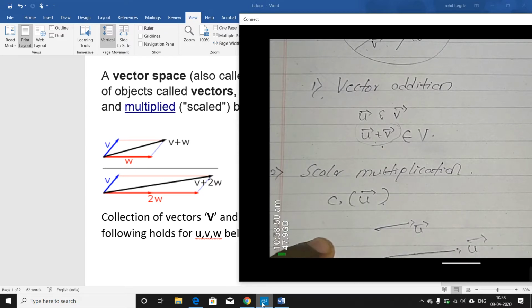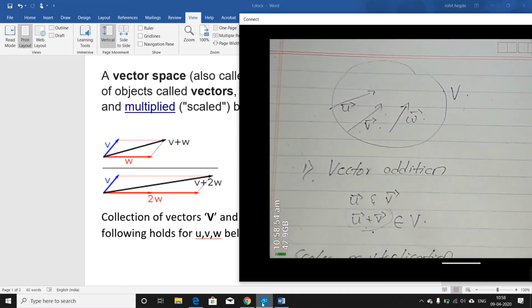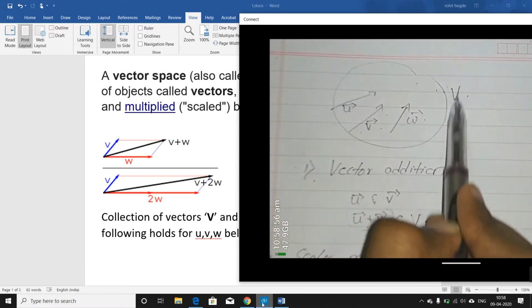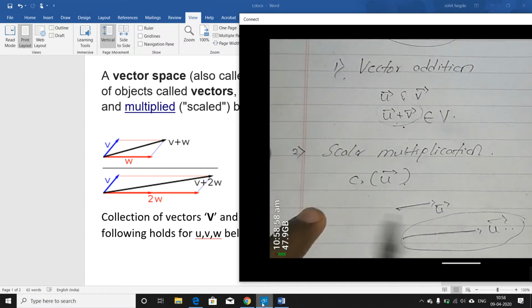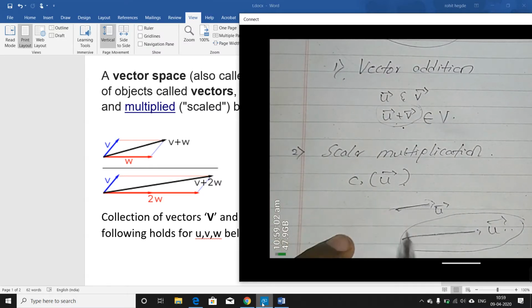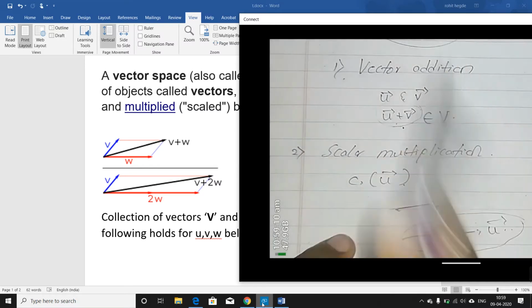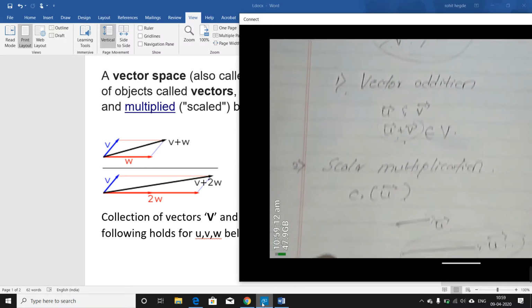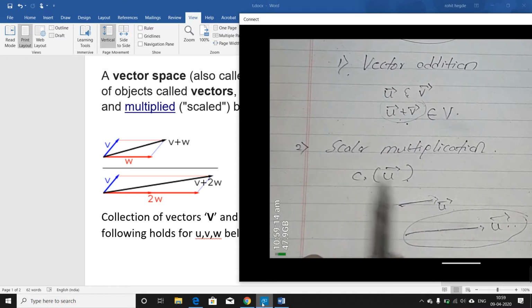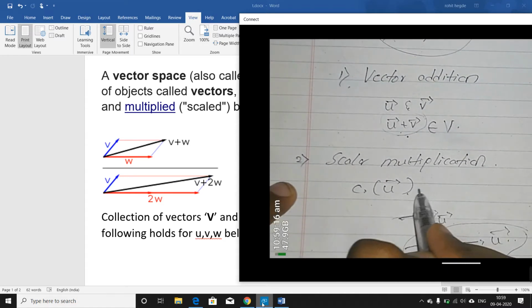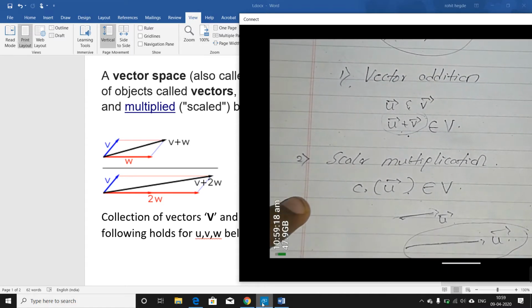This vector should be in this vector space. If this u vector is in the vector space, then 2 times this u vector should be in the vector space. That's the scalar multiplication. That should belong to V.